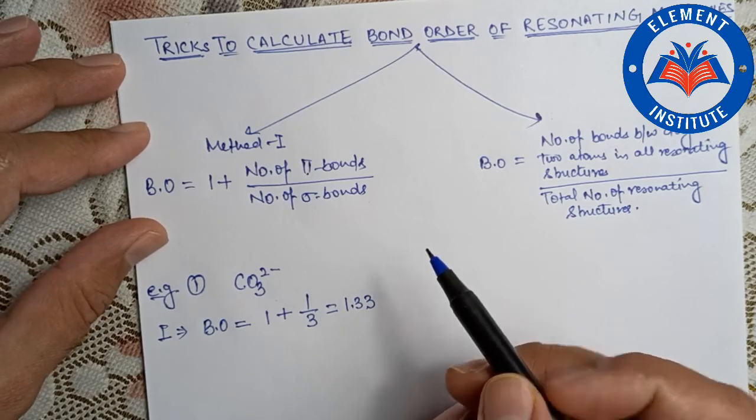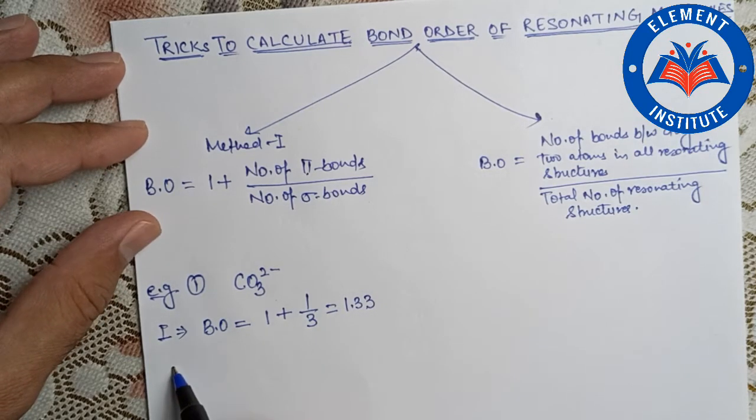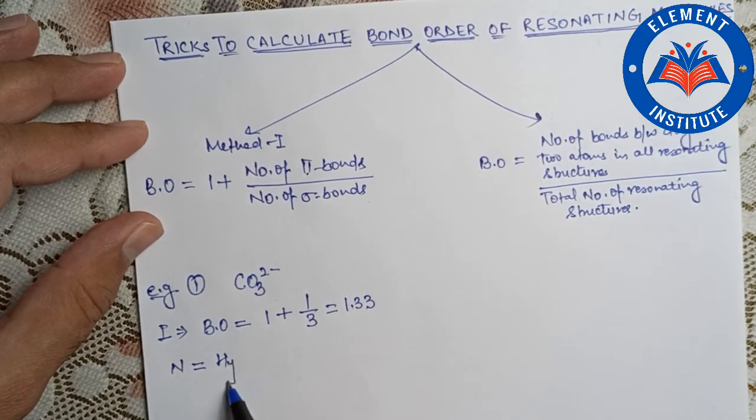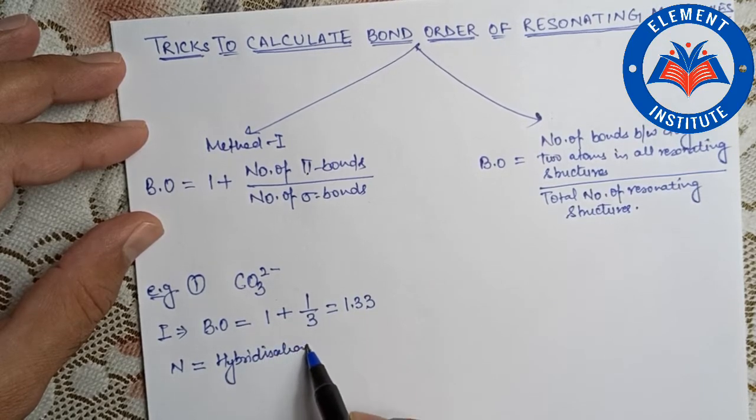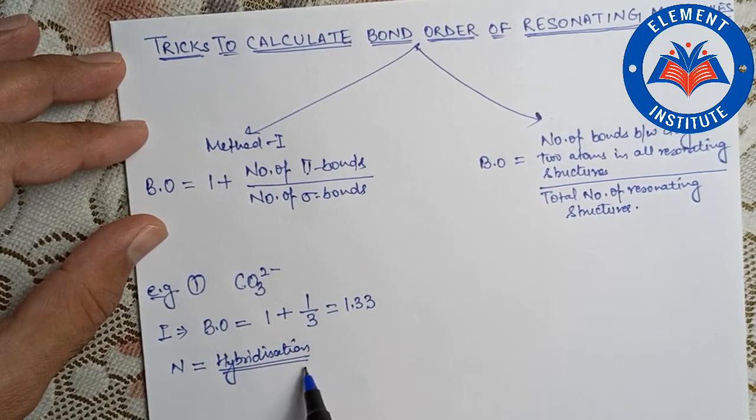So it is suggested that first of all you must calculate the hybridization of the carbon, that is the central atom.